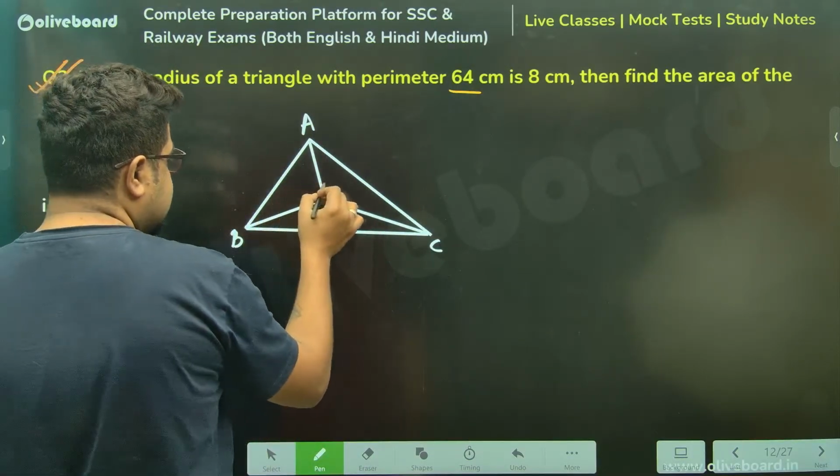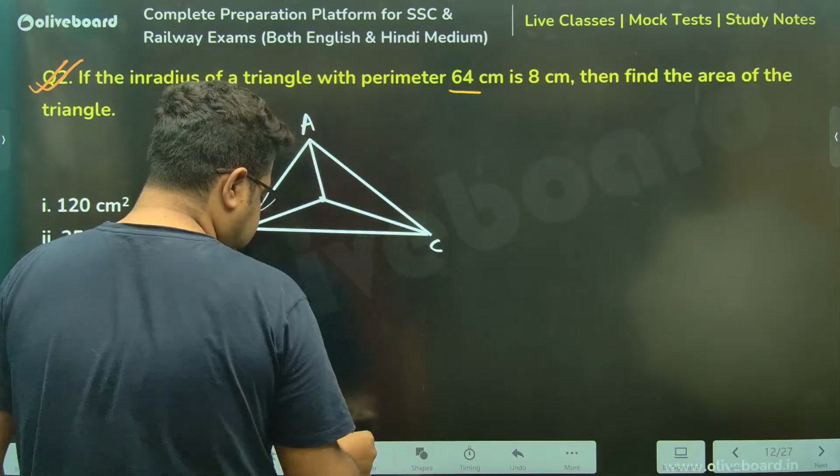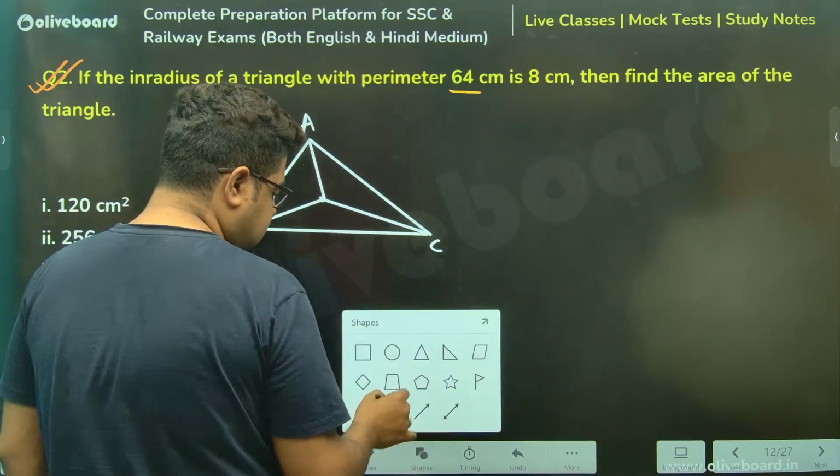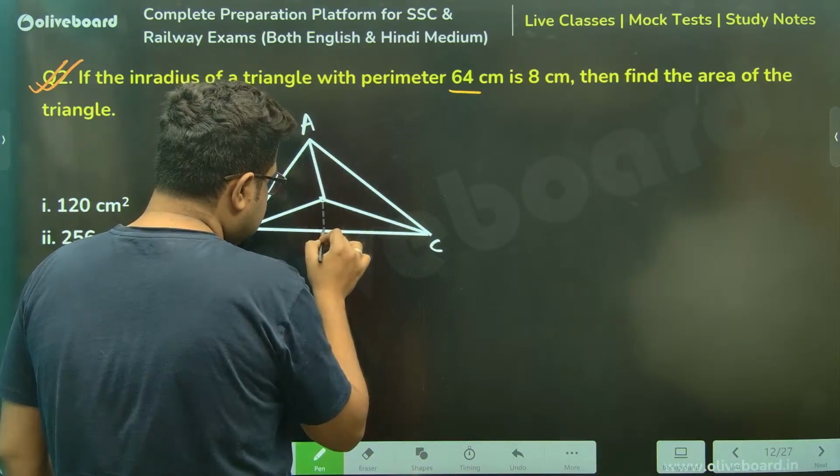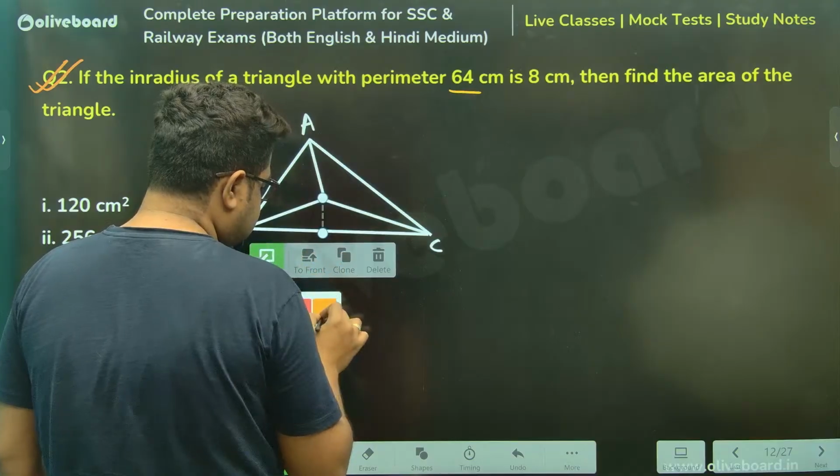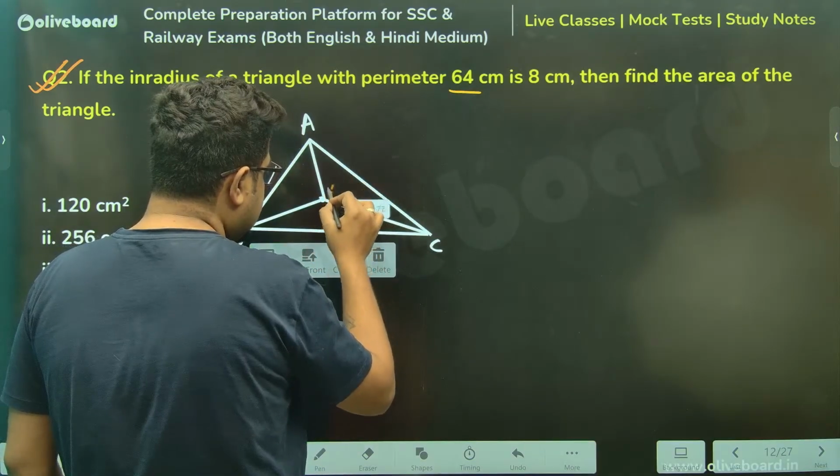Let's say this is I. This is how the inradius will look.